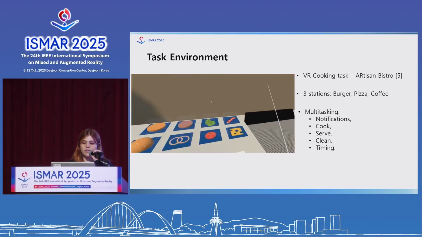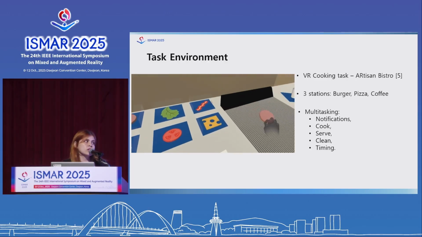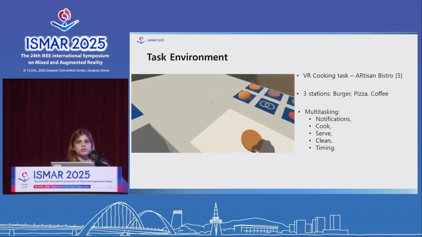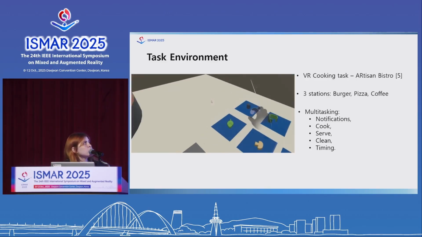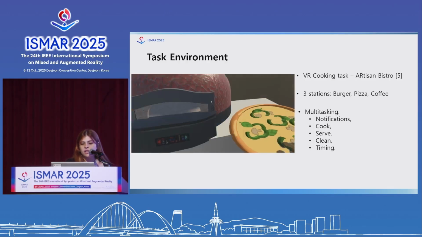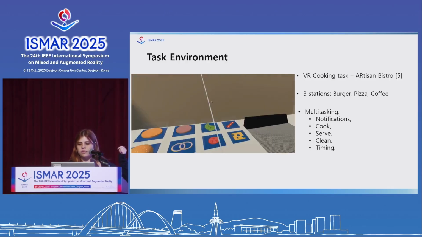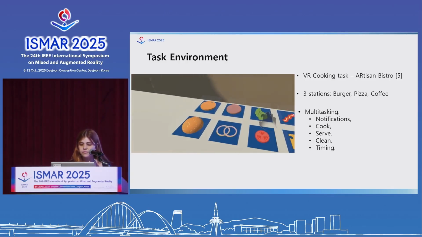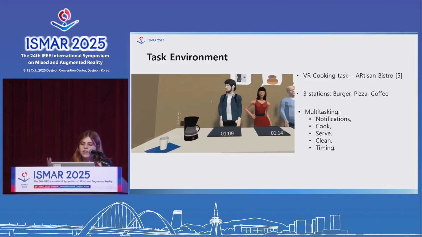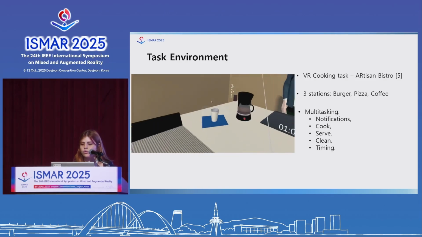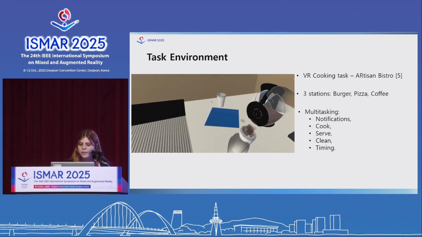To investigate them, we implemented a VR-based cooking environment. The AR version is an open source called ARtisan Bistro. We have 3 stations in the environment, which are burger, pizza, and coffee. Our task requires users to shift their attention constantly as they have to cook burger, pizza, or prepare a coffee.